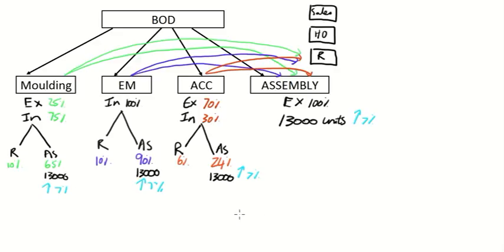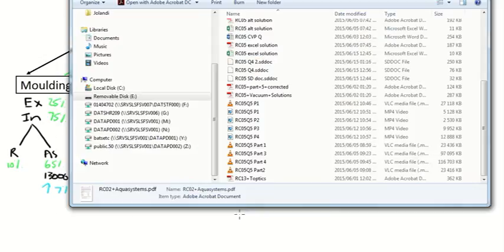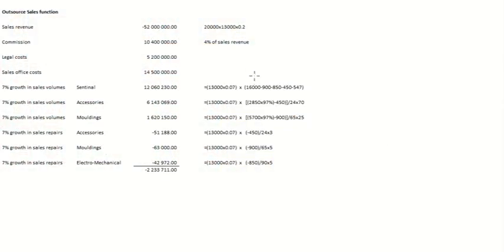And this we can see in our analysis. Where is it? Yeah.